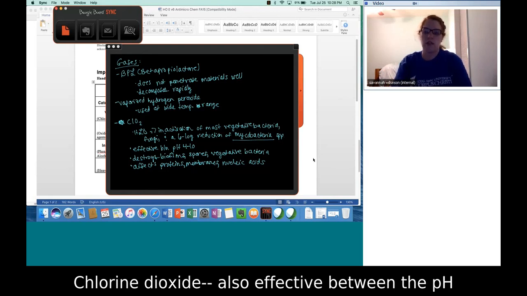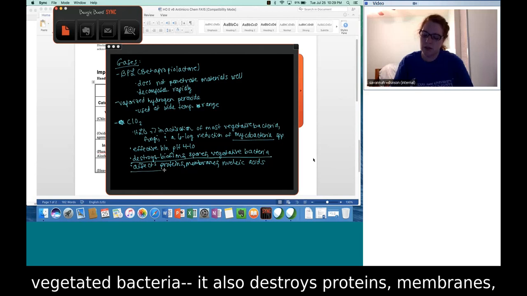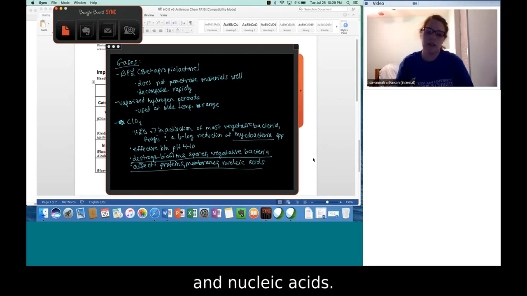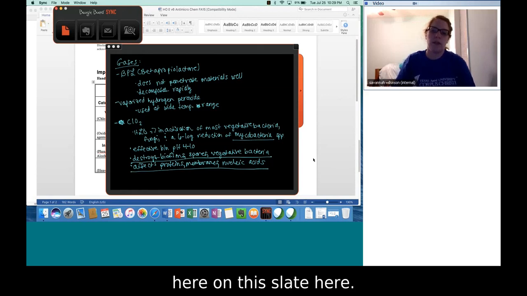Chlorine dioxide is also effective between the pH of 4 to 10. And then it destroys biofilm, spores, and vegetative bacteria. It also affects proteins, membranes, and nucleic acids. These are probably two of the most important points here on this slide.